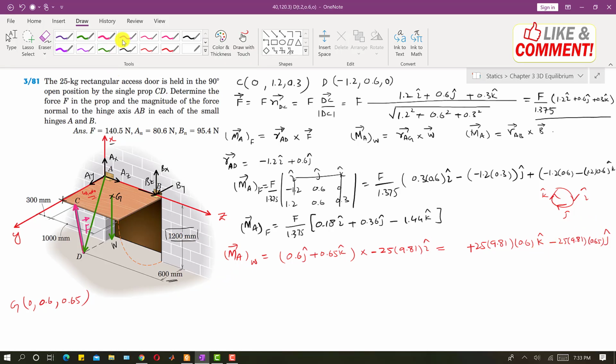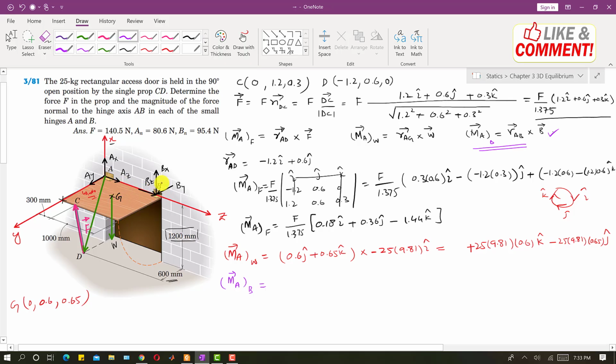Now I will find the moment at point A due to the reaction B, right? So this is our cross product equation. We can find the moment at point A due to B using this formula, RAB.